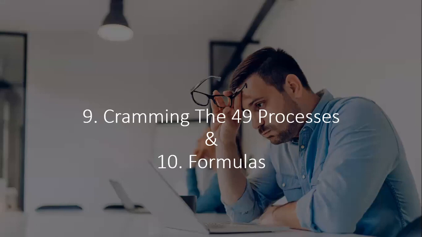Number 10, formulas. Again, formulas, don't cram and don't obsess. What you do need to know for the exam is how SPI, CPI, CV, and SV can be translated from 0.9s and 1.2s and minus 10s and all those numbers into sensible stuff.